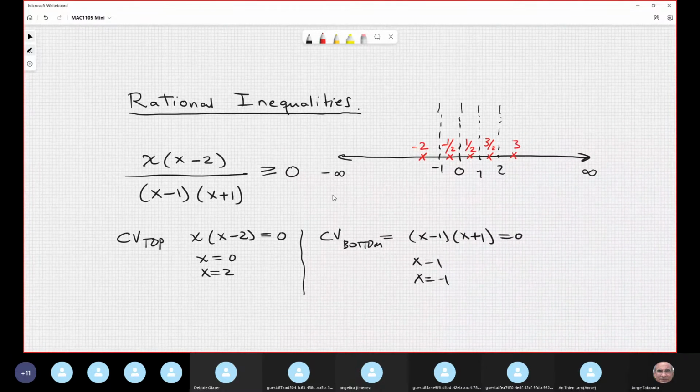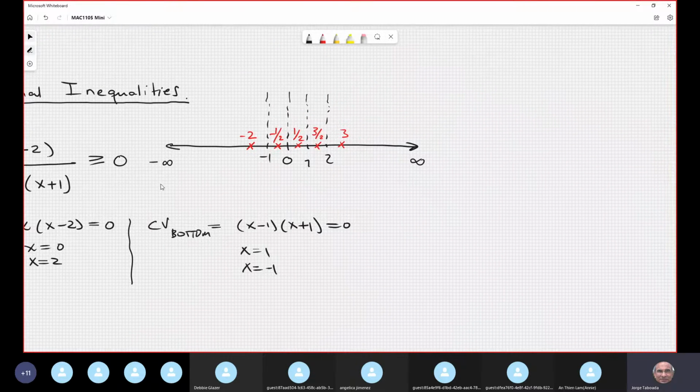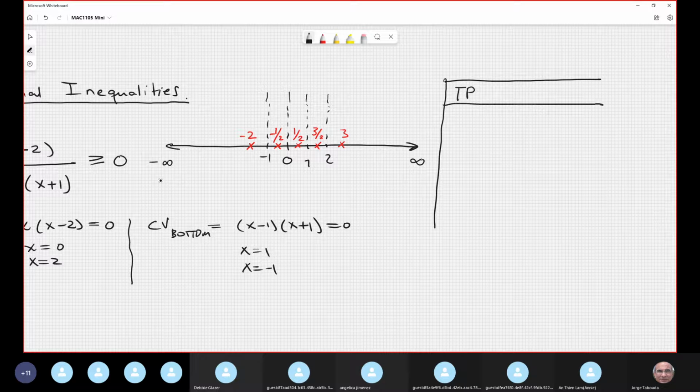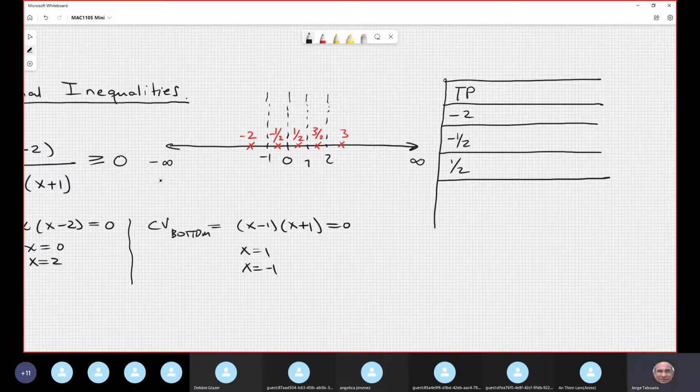Let's do the table. The table is long because we have 5 testing points: -2, -1/2, +1/2, 3/2, and 3. The factors involved in my problem I list, each factor.